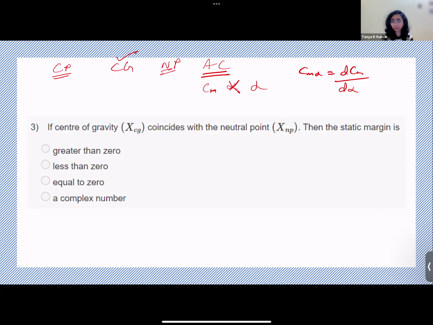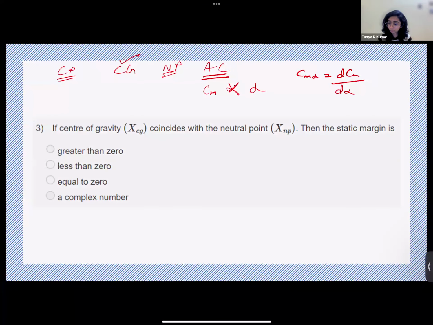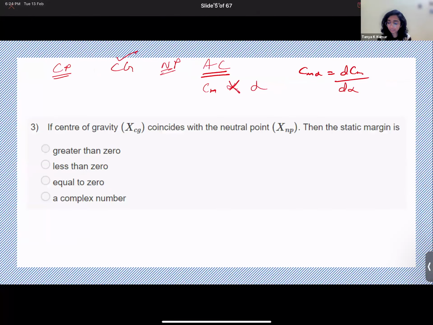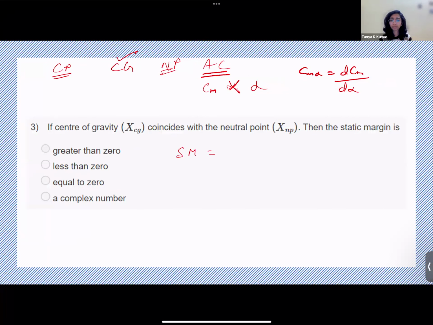That's not the right answer, but it's along similar lines. The distance between static margin is... The distance between neutral point and CG, exactly. So it's the distance between neutral point and CG.